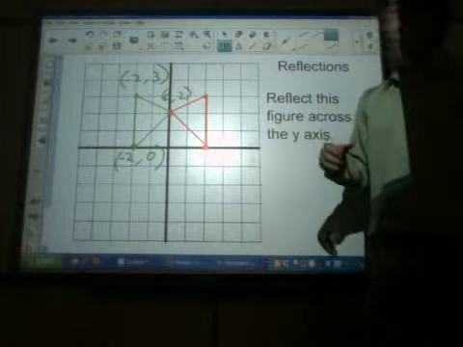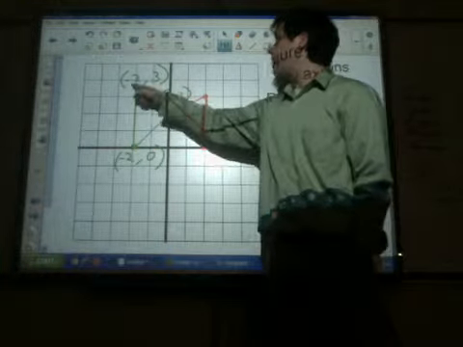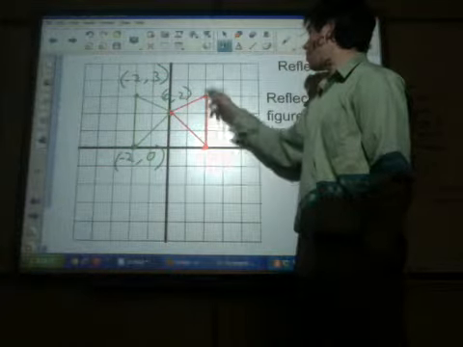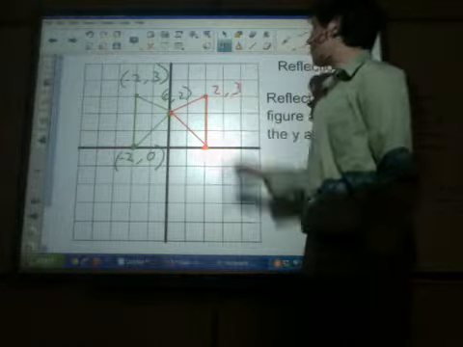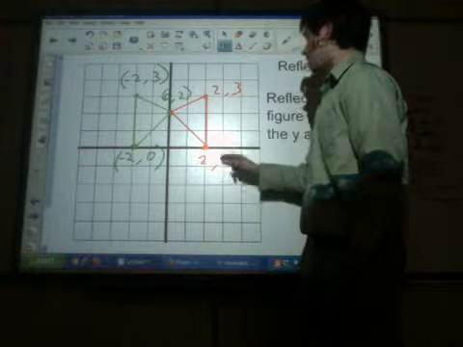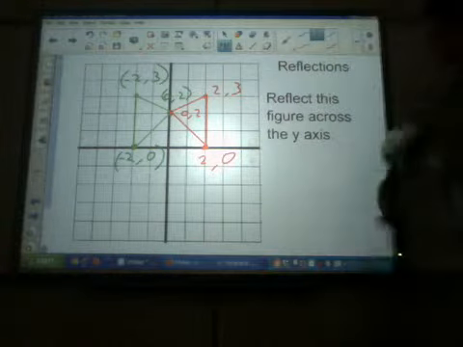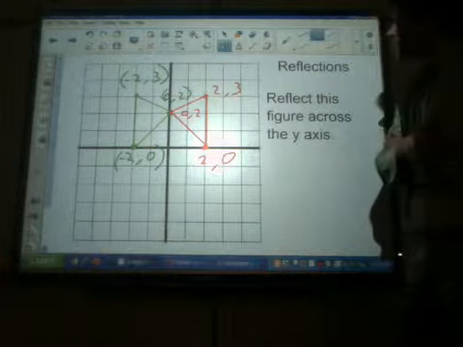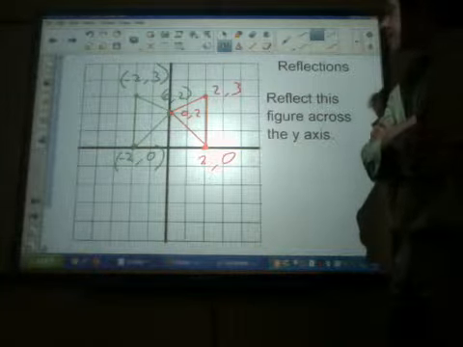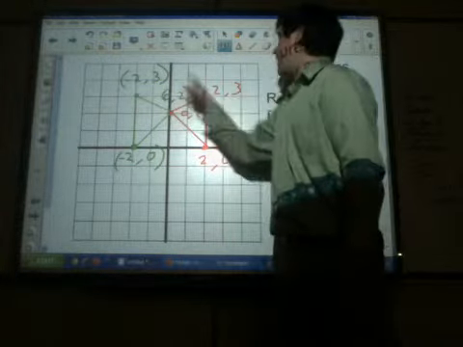But let's talk about the x-coordinates. So this point moved from negative 2, comma 3 to, when we reflected it, now look at what it is. 2, 3. This one changed from negative 2, 0 to 2, 0. And this one actually stayed exactly the same at 0, comma 2. So what changed about these points? Well, if you're observant, you'll notice that the only thing that changed is that the negative sign changed to positive for the x-coordinates.